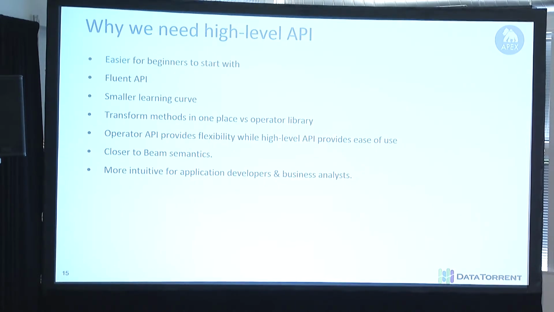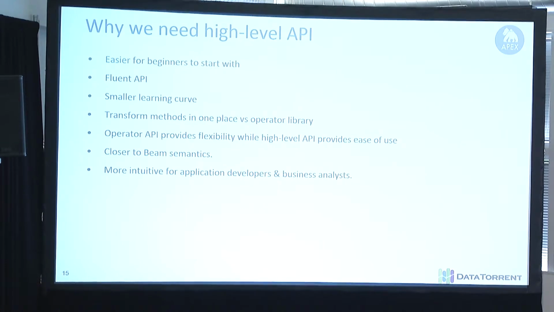The motivation for a high level API was that it's easier for beginners to start with, and kind of intuitive because you're working at an action level. It's quite a fluent API, closer to English semantics than writing a bunch of code. From our experiences, it has a relatively lower learning curve. You are working on transformation methods in one place versus interacting with the operator library.